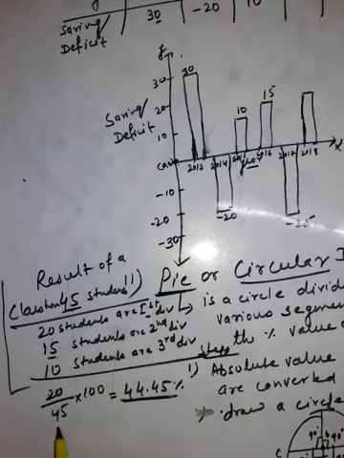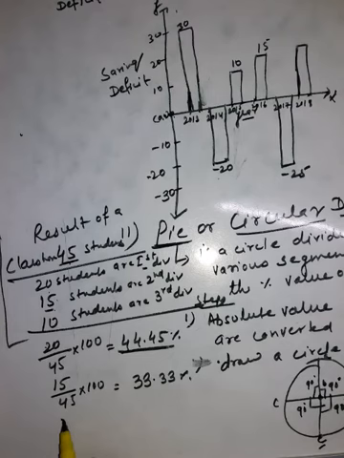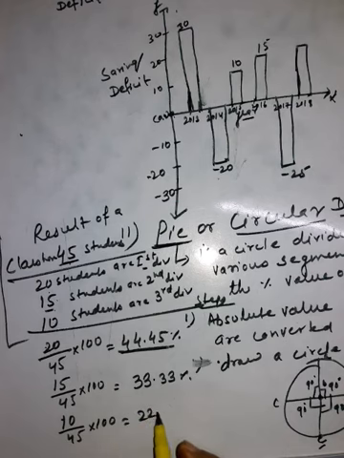Second division: 15 by 45 multiplied by 100 gives 33.33%. Likewise third division, 10 by 45 multiplied by 100, gives 22.22%.